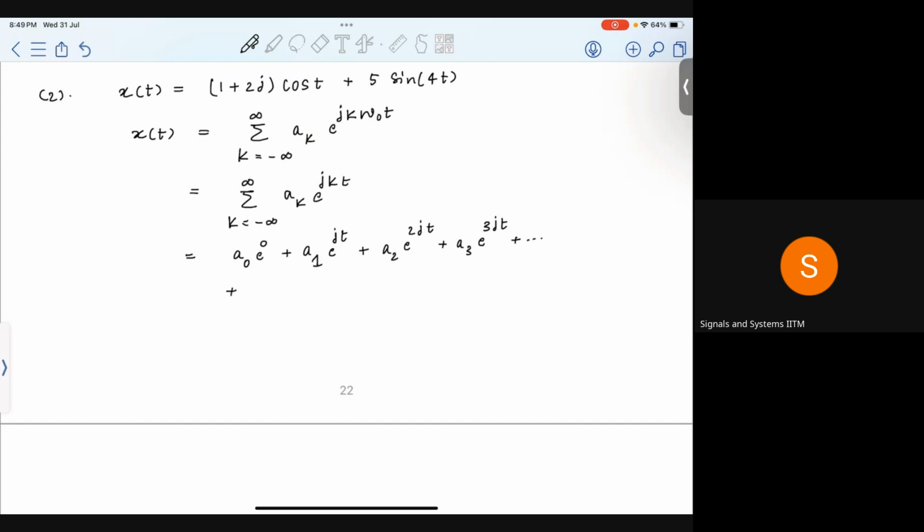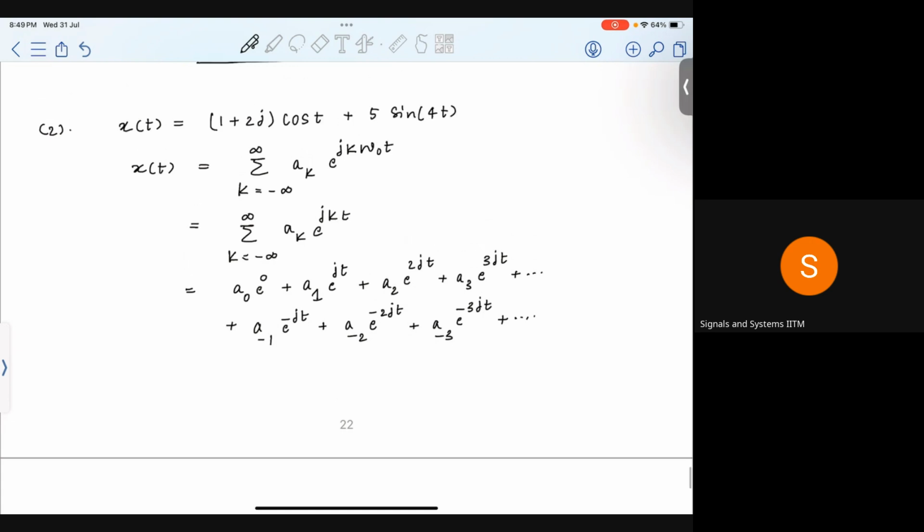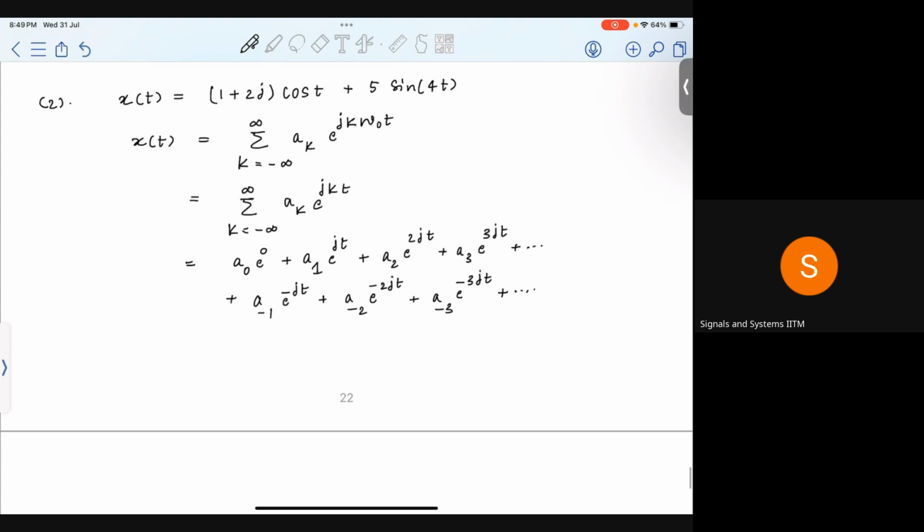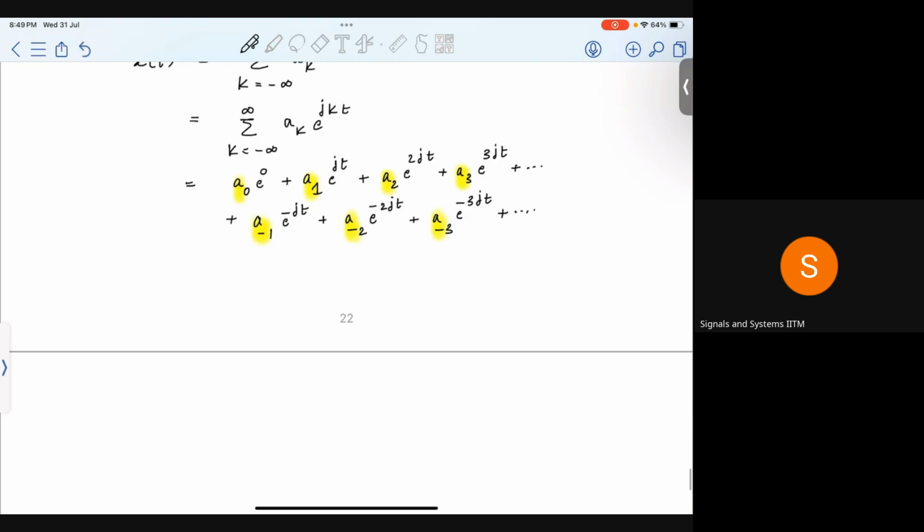And on the negative axis we have a minus 1 e power minus jt. Correct? This is just the expansion representation. Now we have to find the Fourier coefficients. How do we find them?